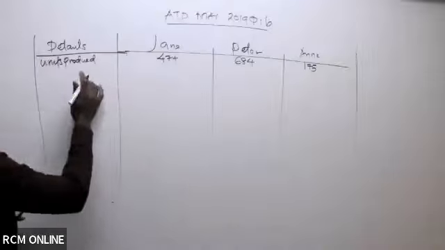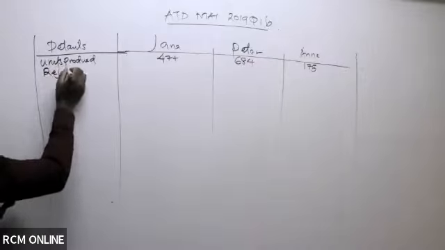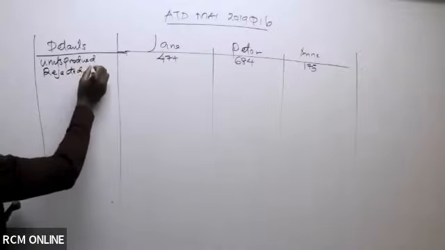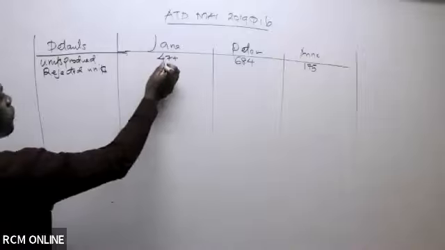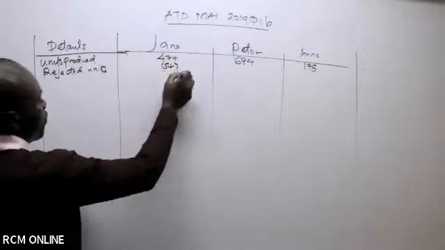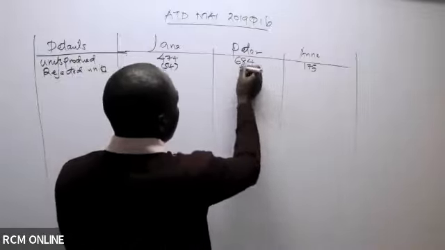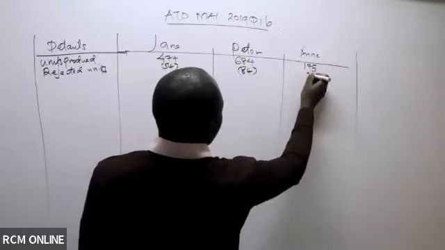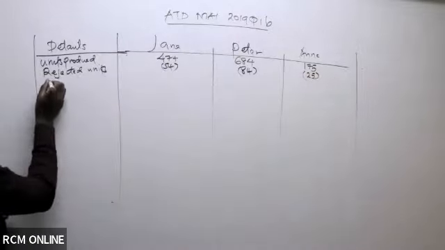To the units produced, let's deduct rejected units. So rejected units, tuko na 54, tuko na 84, na tuko na 25. So that will give us what we call good or accepted units.